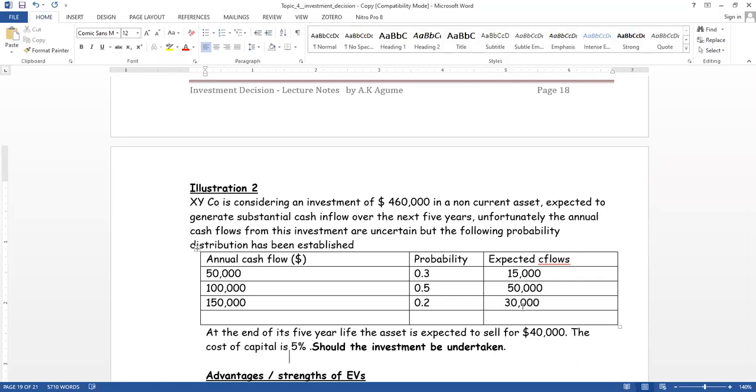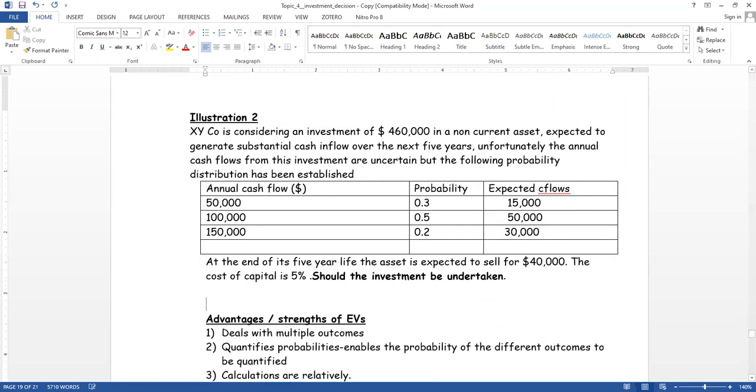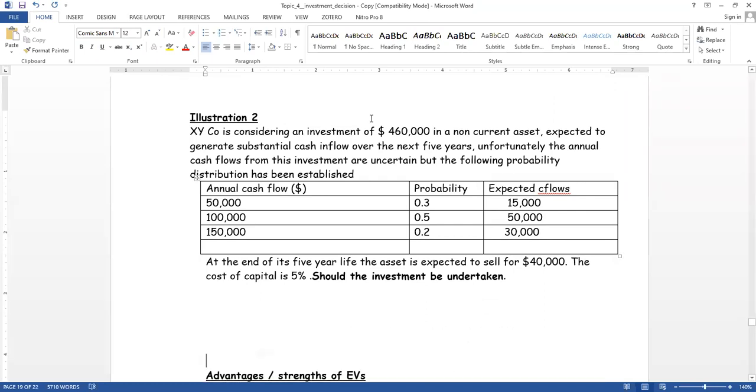So having done that, you need to evaluate the project at the cost of capital of 15%. So meaning that if the investment is 460, and it's expected to generate substantial cash inflow over the next 5 years.